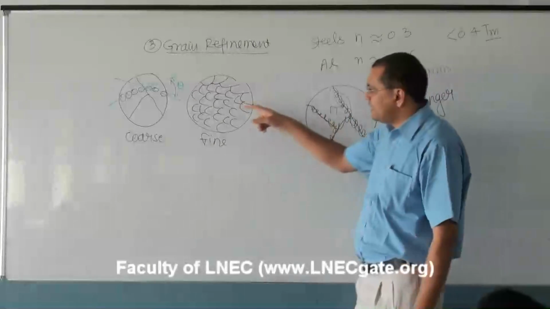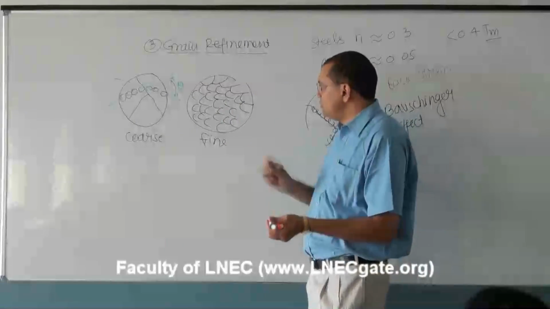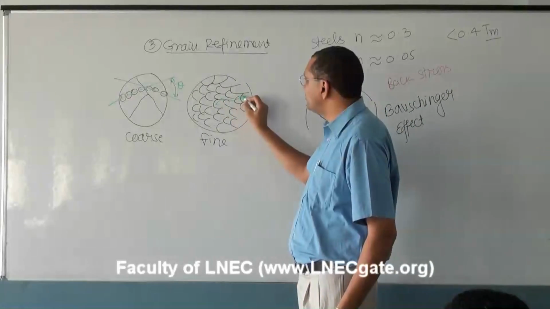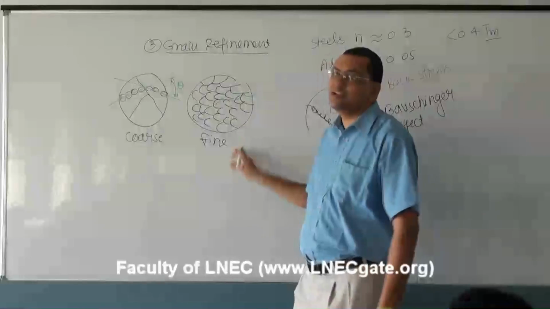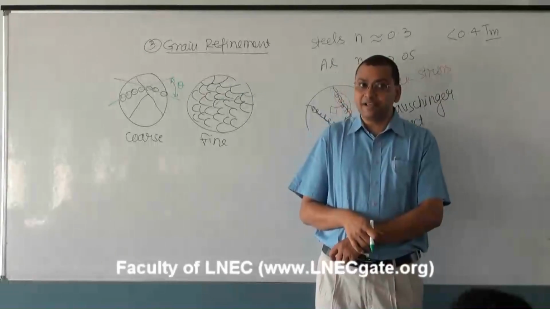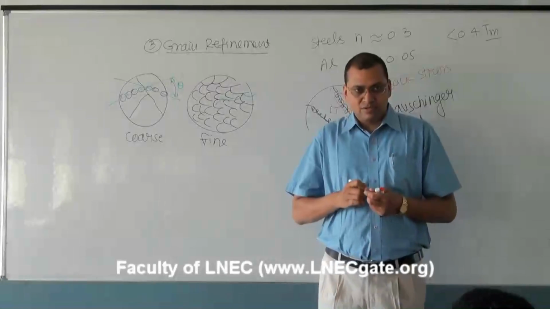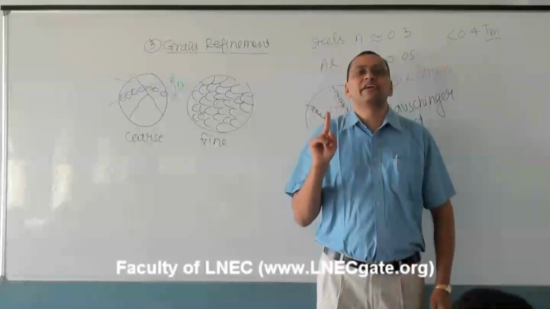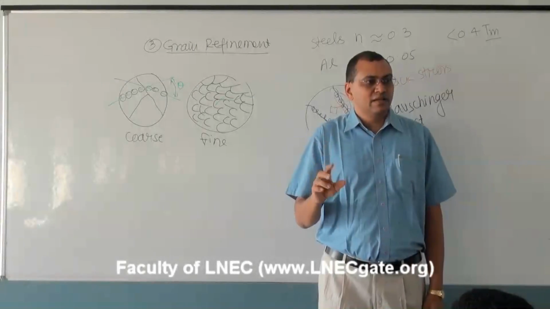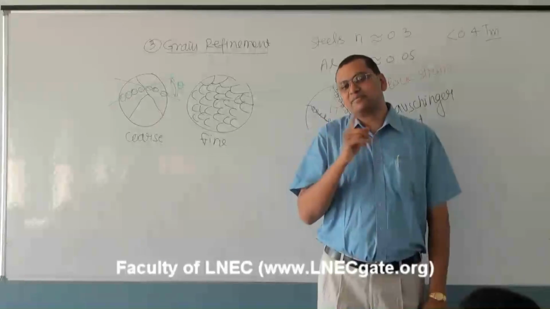So when you have a fine grain structure, before the dislocation comes out, it has to pass through many grain boundaries. So more obstacles, hence more strength. So finer is the grain structure, better will be the strength of the material.